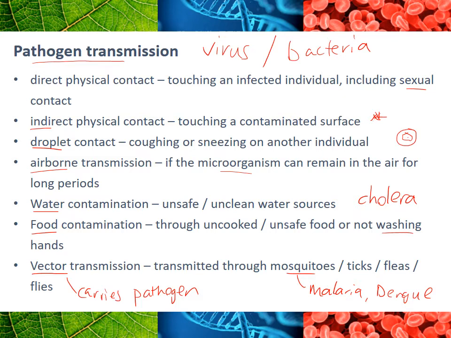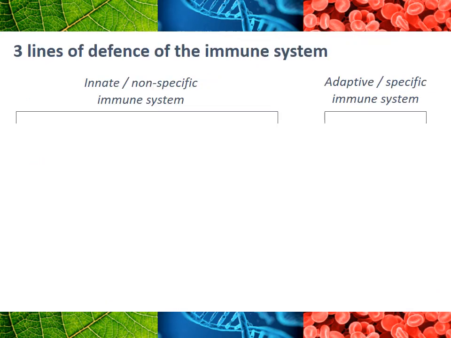Okay, like I said, I think it's a good idea to have your head around how these pathogens get passed around. So when we look now at how our body stops them from getting in, it makes a bit more sense. Okay, I do want you to dedicate probably half a page in your notes on this brief summary of everything we're going to look at over the next 2 weeks.